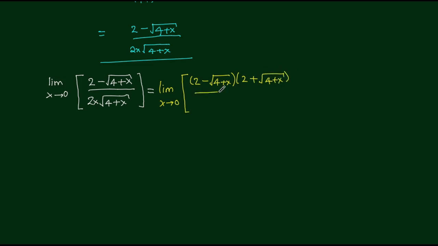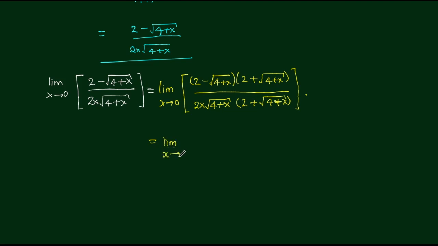So we go to the denominator and we have 2x into 4 plus x under root multiplies 2 plus root of 4 plus x, then we go ahead and simplify the numerator, maintaining the denominator as usual.